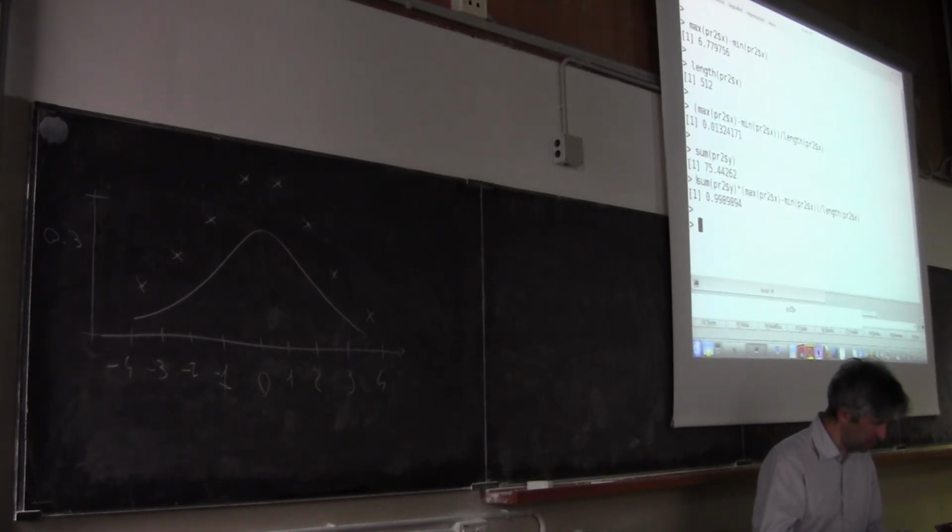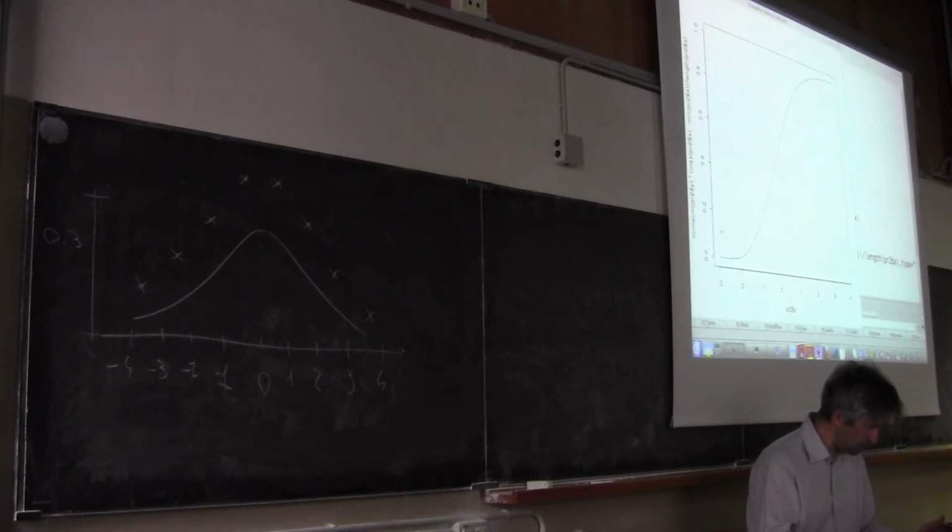So I'm copying this instruction here. And then I go to plot this one. Let me see if it is correct.